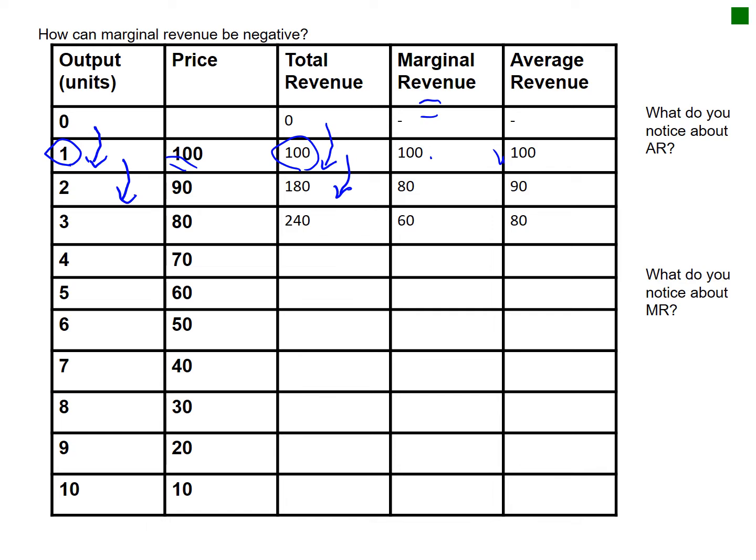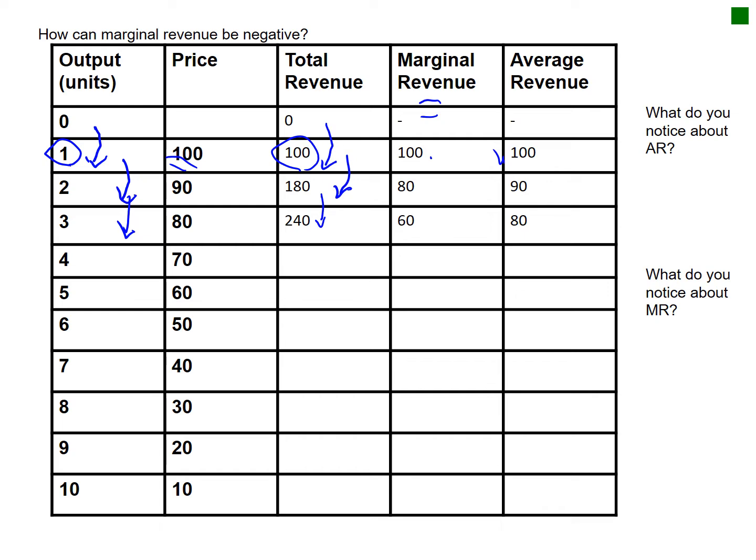And so there it is. One more row: price times output would give us total revenue of 240. The difference in total revenue for selling 1 more unit would be 240 minus 180, which is 60, and the average revenue would be 80.